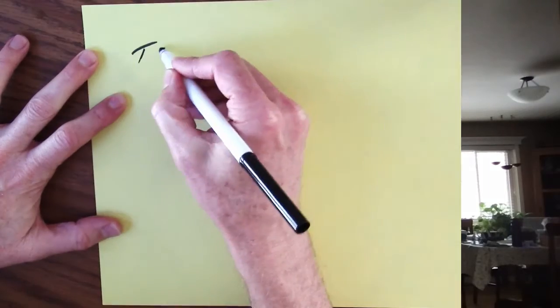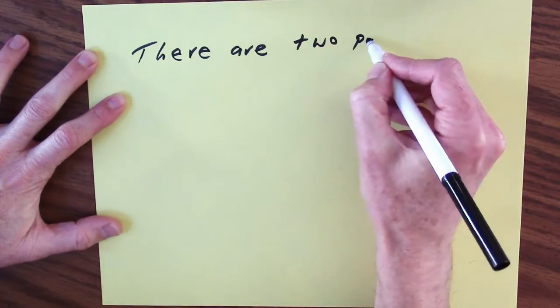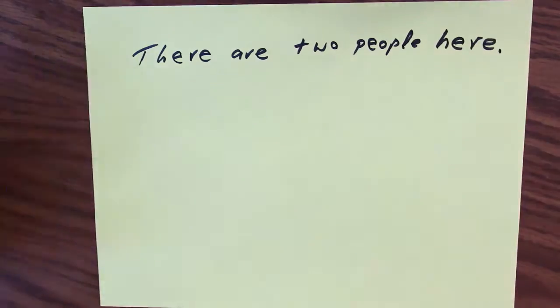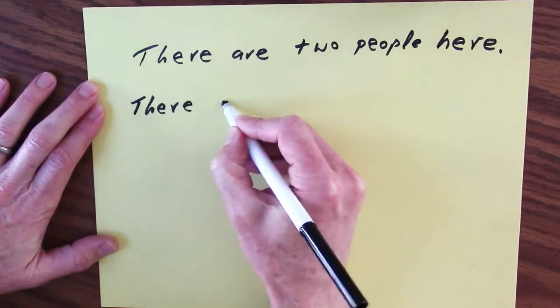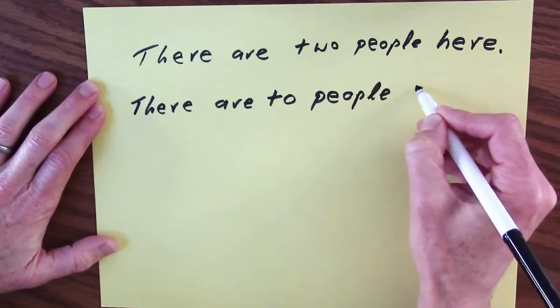So what I do to them is, and I think you could do this as we go along with this exercise, I write on the board the sentences: there are two people here, TWO, which is correct. Then I write, there are two people here, and I write TO.